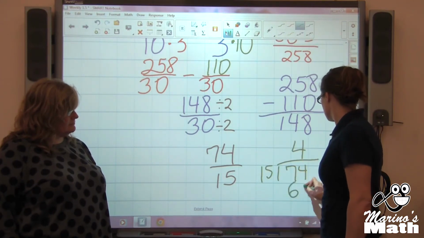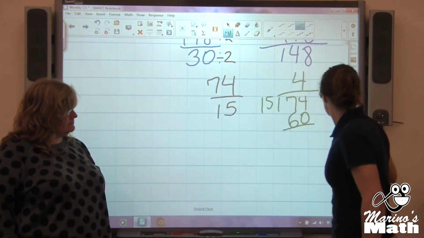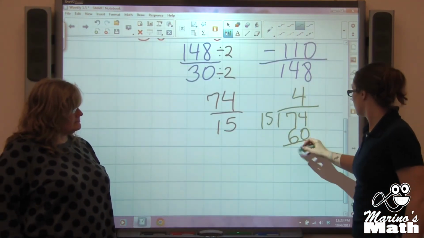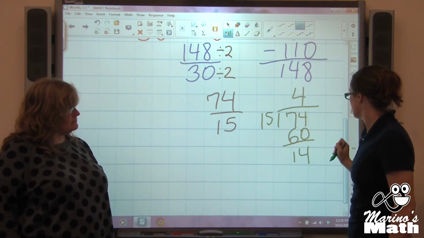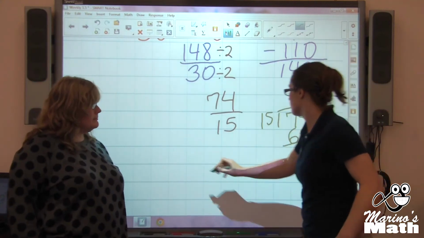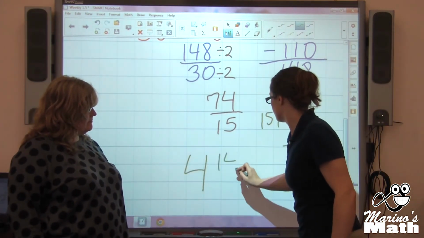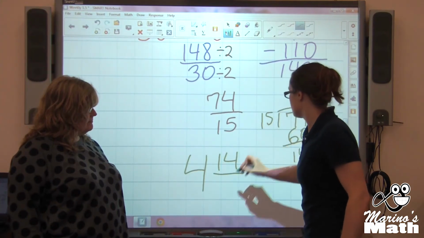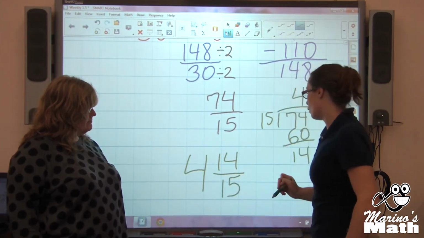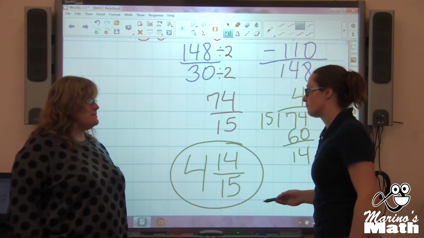And that becomes 60, and I am left with 14. And then my mixed number should be, this becomes my whole number. This becomes my numerator. And that stays my denominator. I end up with 4 and 14 over 15. That looks right to me.